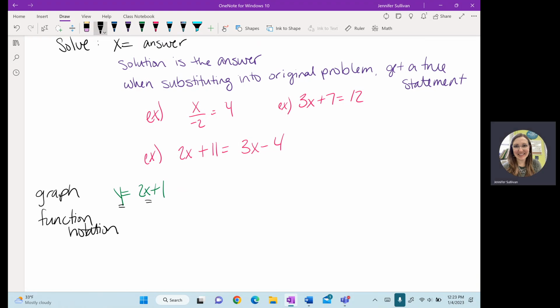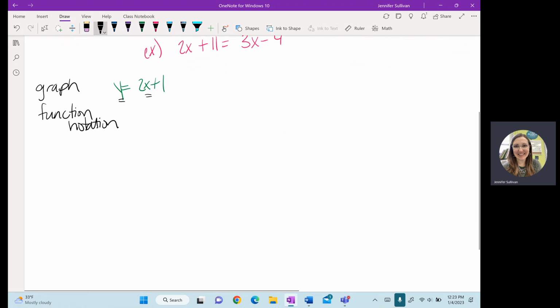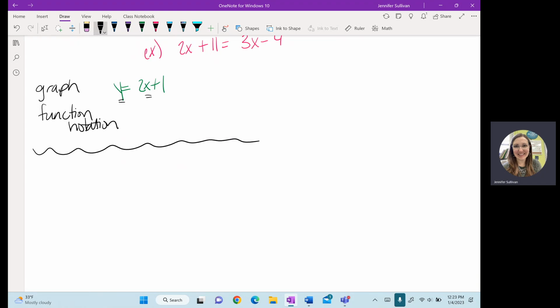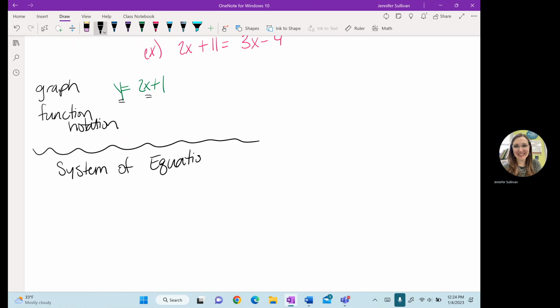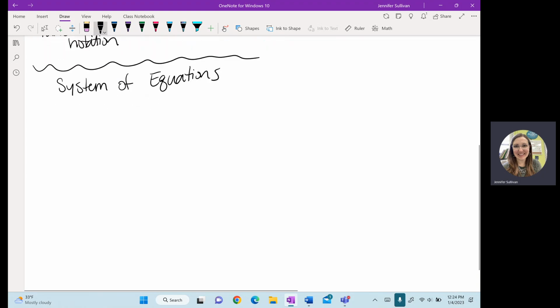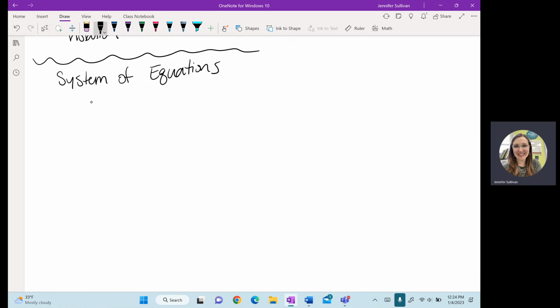The reason is because when I have an equation with two variables in it and I'm asking you to solve, I actually need more than one equation in order to accomplish that. And that is what we call a system. So a system of equations is simply two or more equations in the same problem.